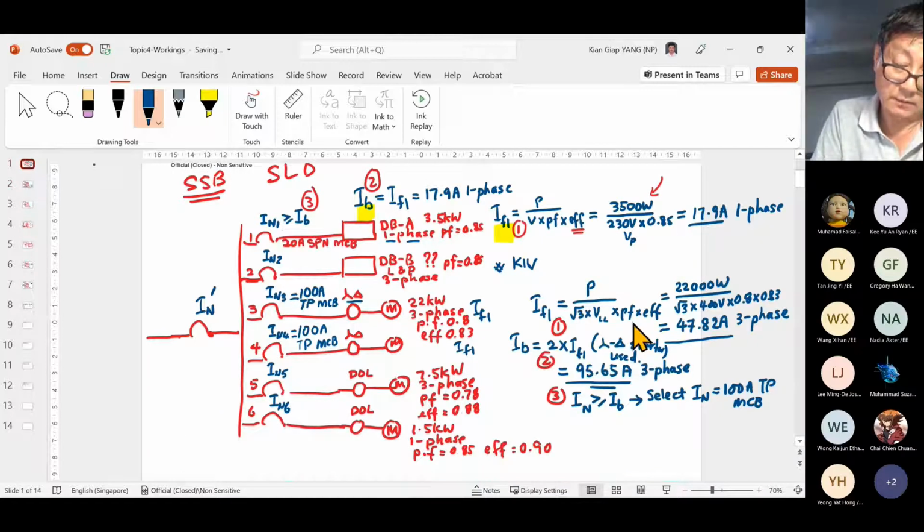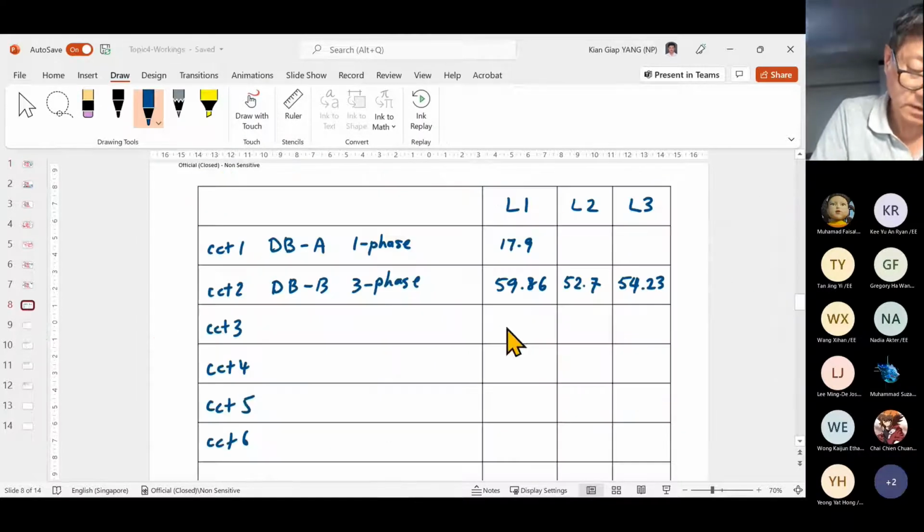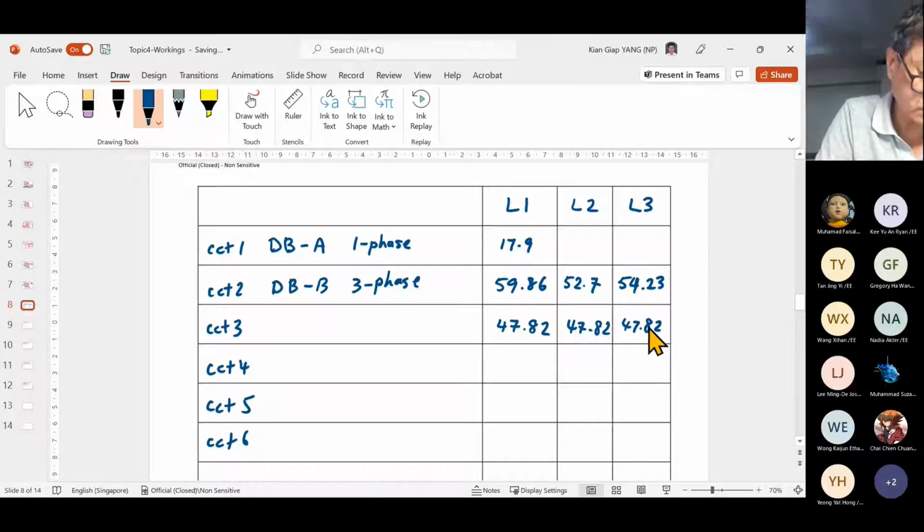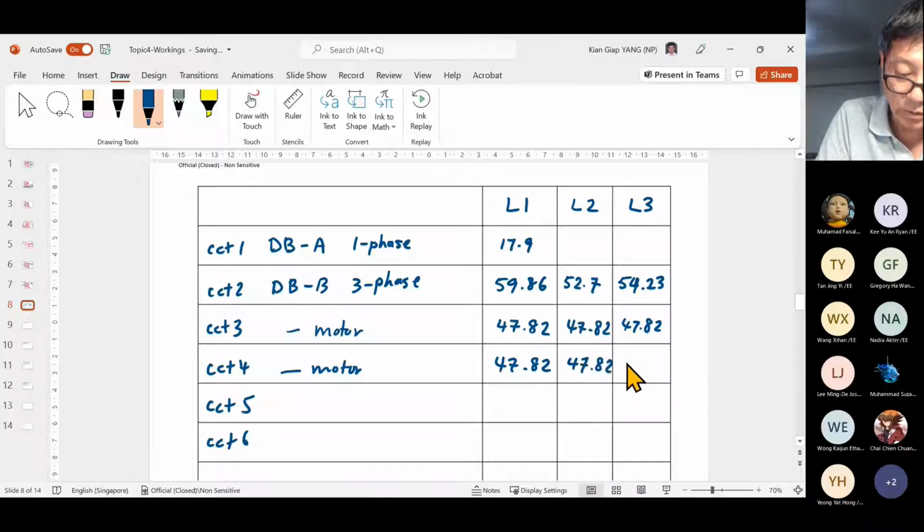So here, I full load is 47.82. So I transfer it here, 47.82. This one is for what motor? This one is a motor circuit, and this one also is a motor circuit. And both are the same, right? So I should write here 47.82 all the way.